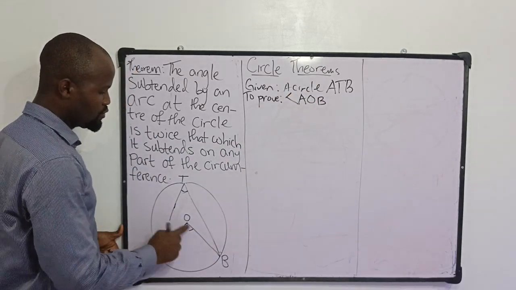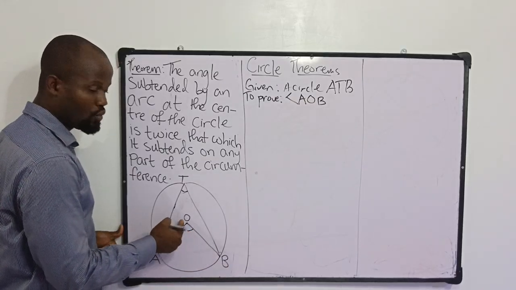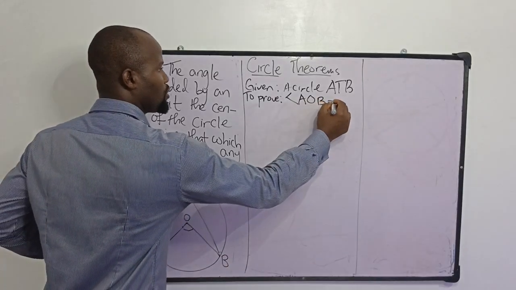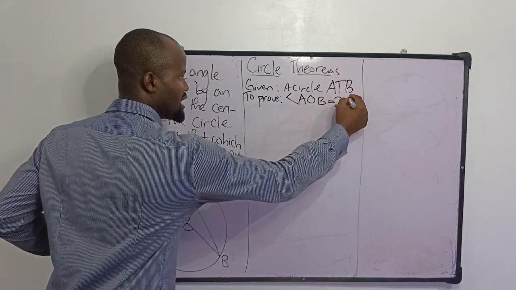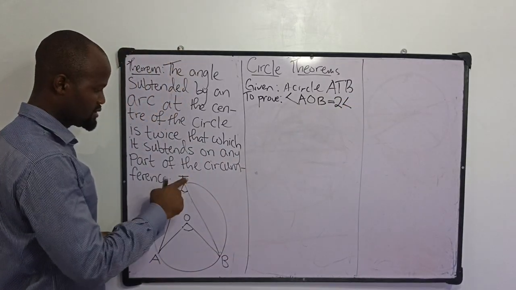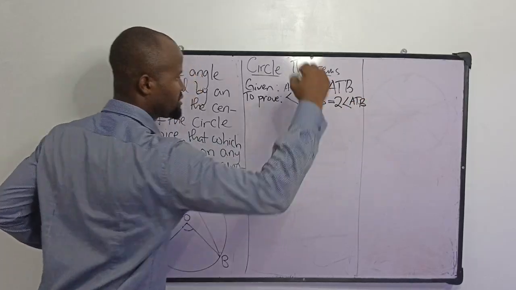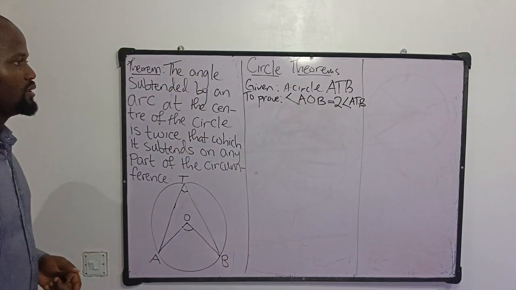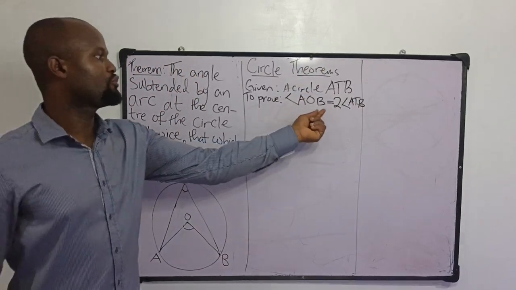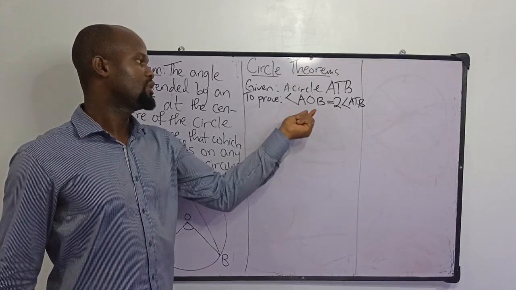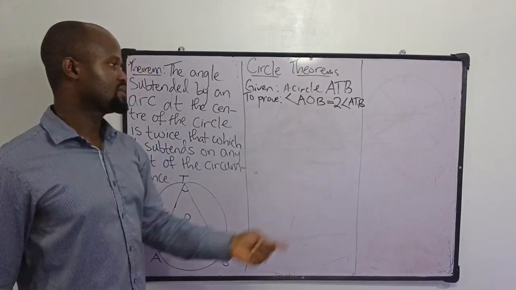So angle AOB simply means the angle at O is equal to 2 times angle ATB. So that's what we're required to prove. That whatever we get here, if we multiply the one we get here by 2, it's going to give us the same angle as this.